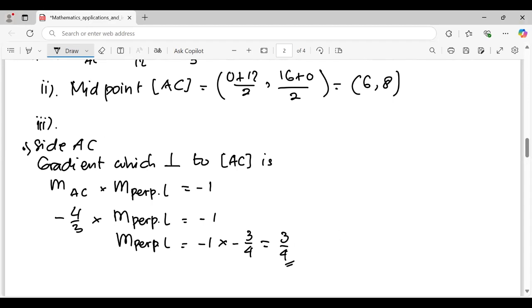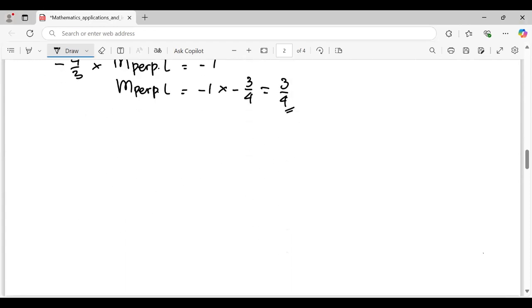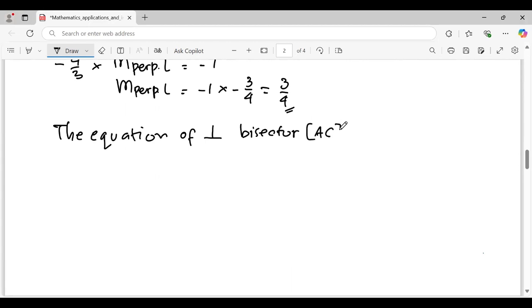Next, we're going to find the equation of the perpendicular bisector of AC. Just a reminder that the midpoint is 6, 8.